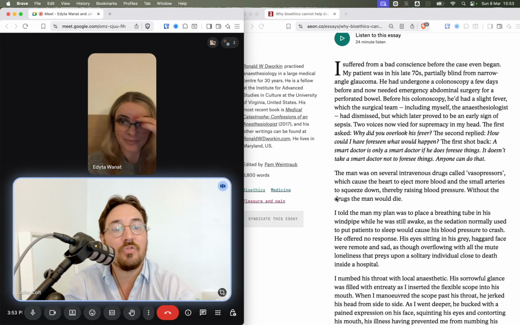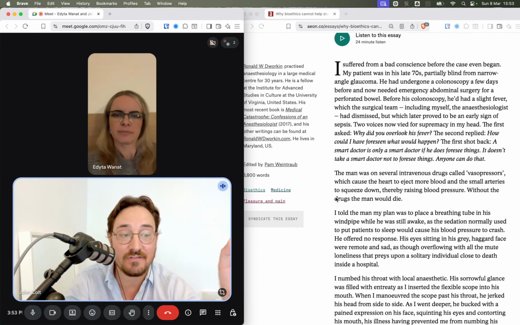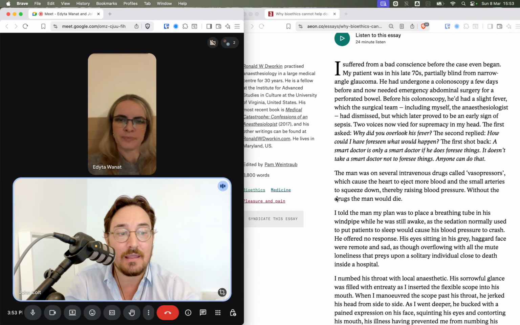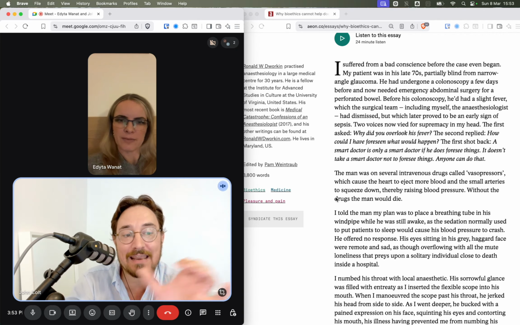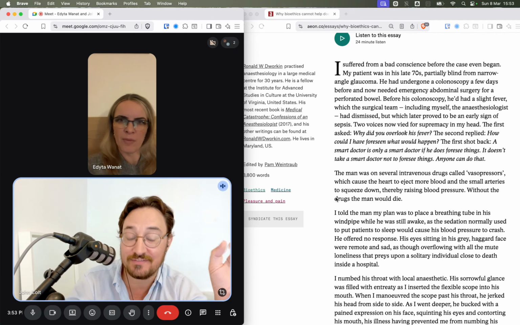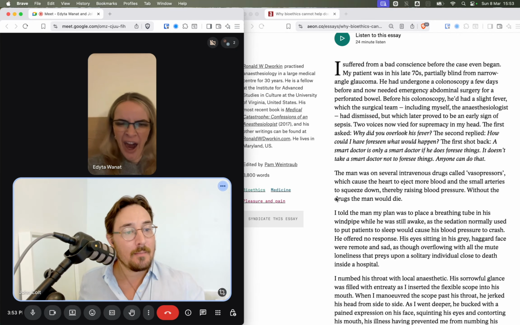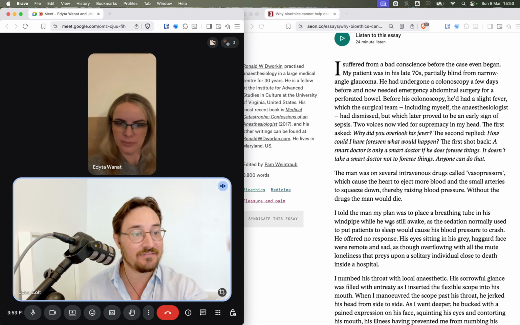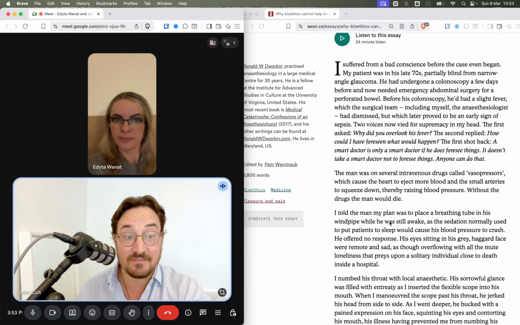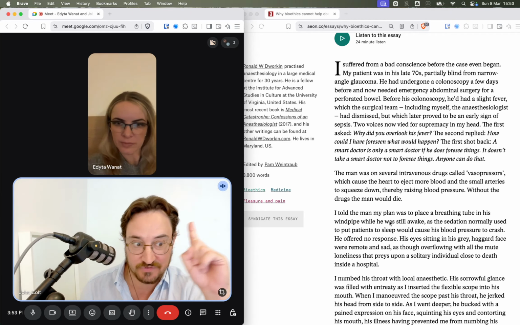So because the whole thing is written in italics, it's hard to see which words need to be emphasized. If he had written it in normal text, in a normal font, then he could have italicized only those words that really need to be emphasized. But I'm pretty confident that what he has in his mind is a smart doctor is only a smart doctor if he does foresee things.